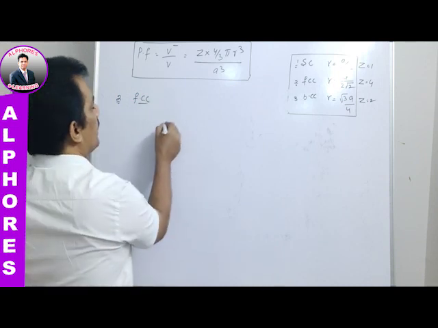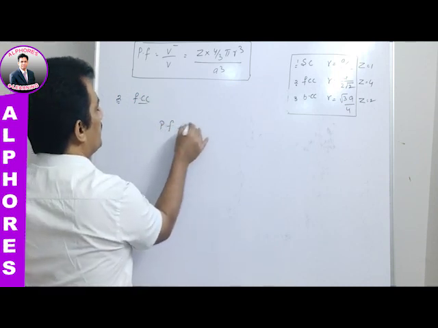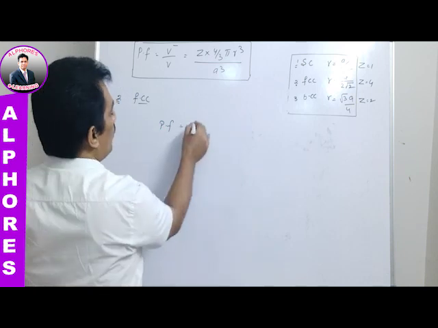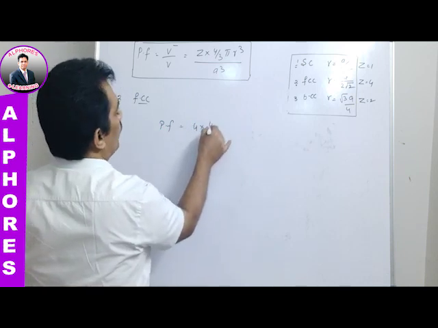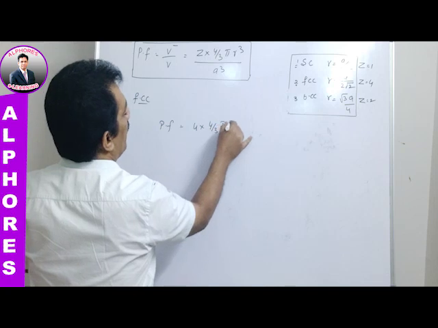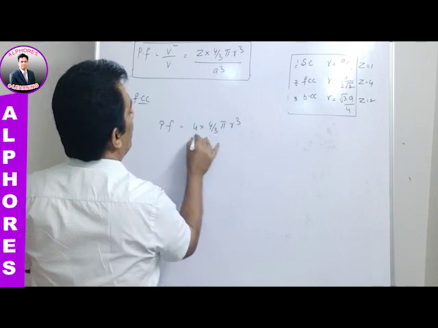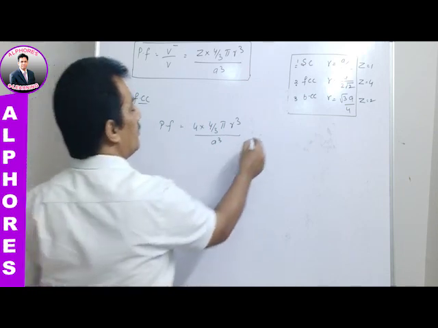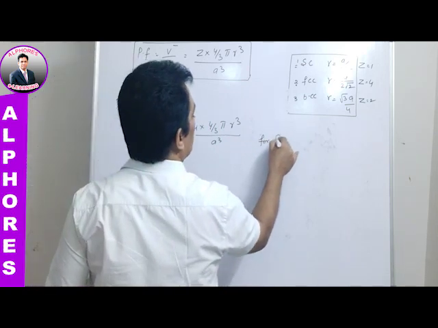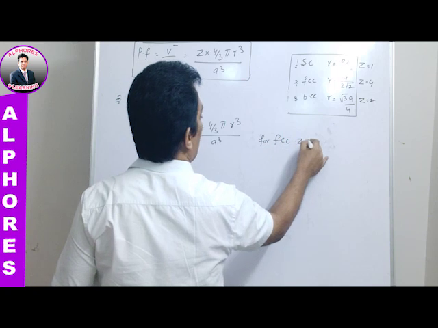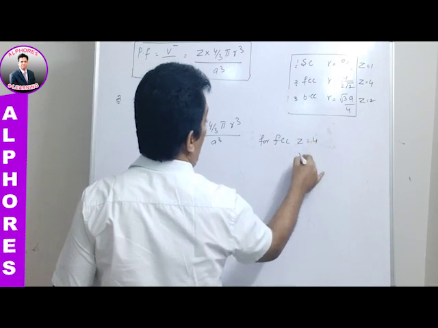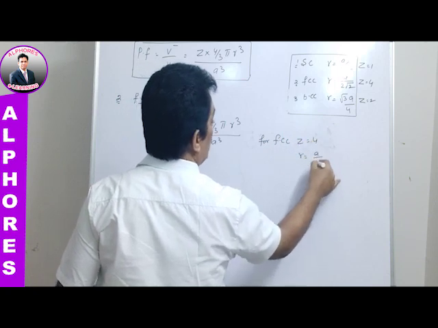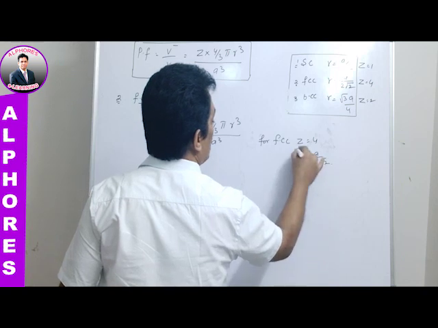Here the packing fraction, again, is Z into 4/3 πr³ by a³. But here for FCC, the Z value is 4 and r is a by 2√2. This is the r value.